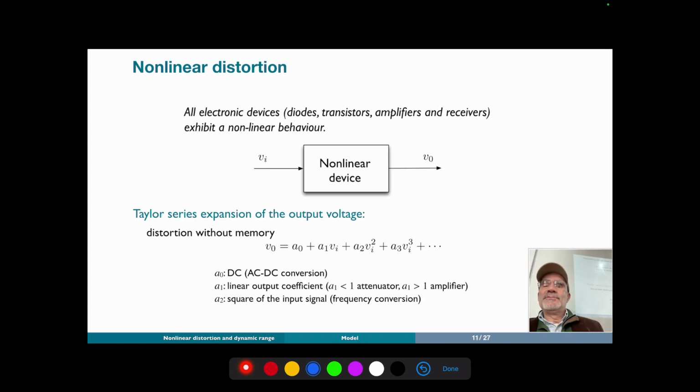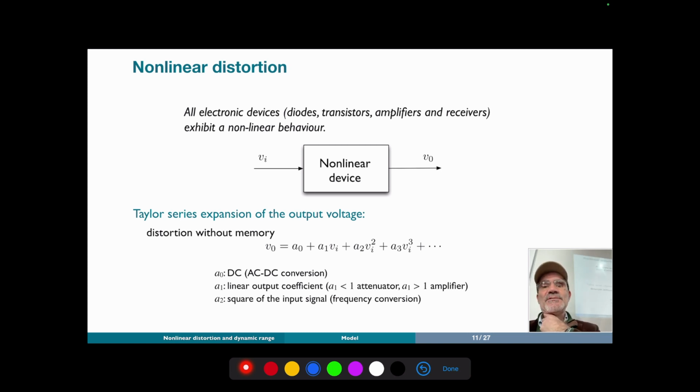And now we are going to study nonlinear distortion. Okay, as I said at the beginning, all electronic devices exhibit some kind of nonlinearity, which means that if you apply a certain voltage at the input, the output depends not only on a linear gain or attenuation of the signal, but has other terms.